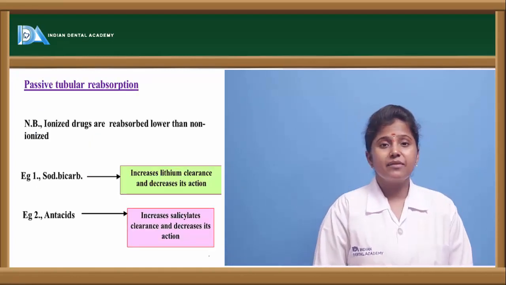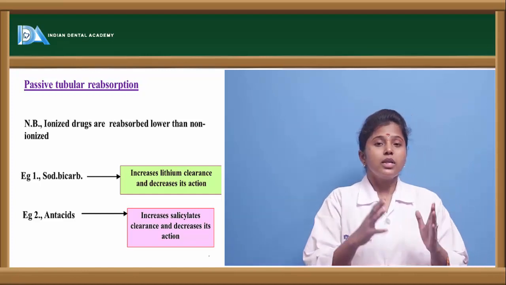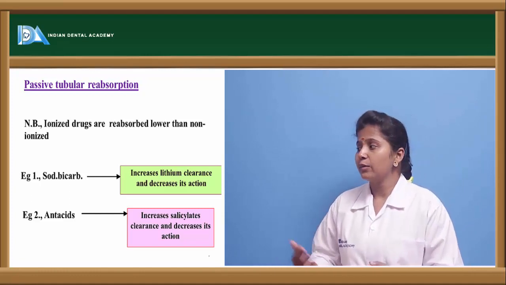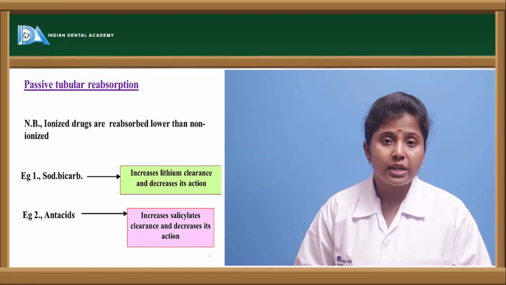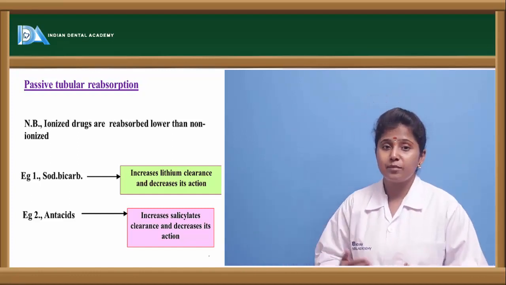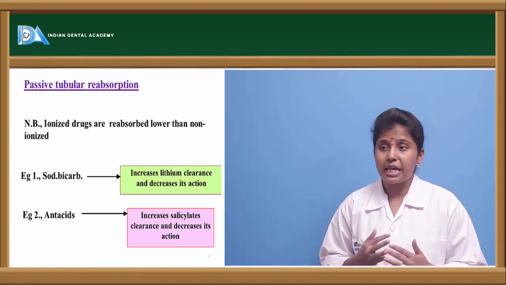The other one is passive tubular reabsorption. Here, non-ionized drugs get reabsorbed, whereas ionized drugs won't get reabsorbed very easily. When compared to ionized drugs, non-ionized drugs or non-bound drugs which are not bound to the plasma proteins get reabsorbed very easily. So even the reabsorption capacity of the drugs can be altered.